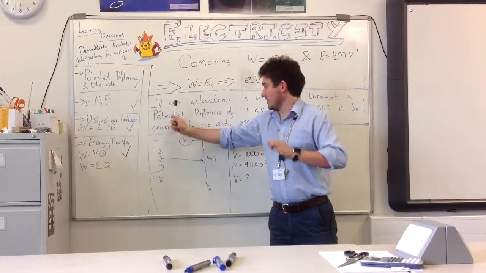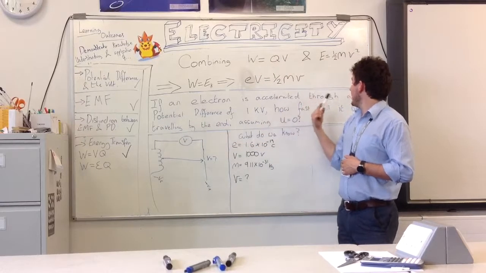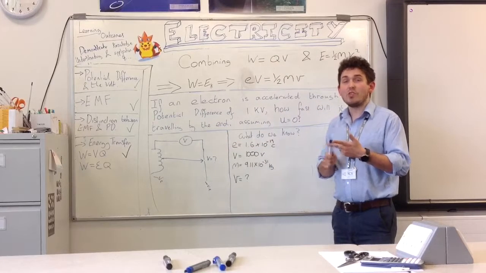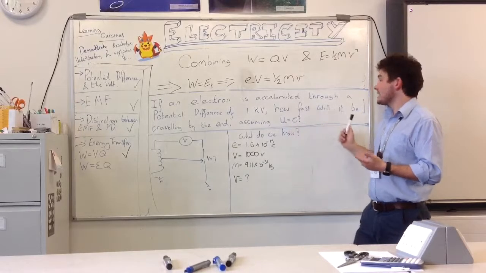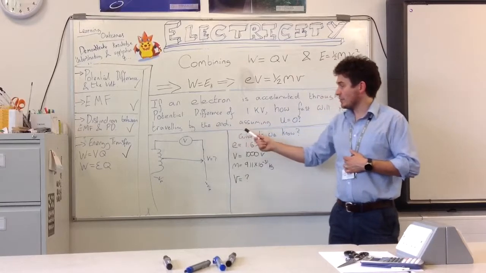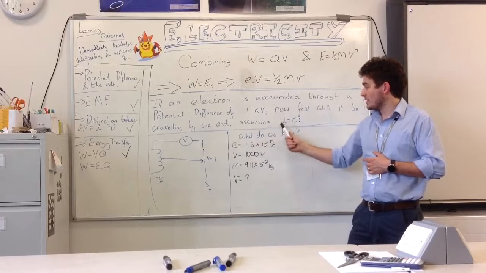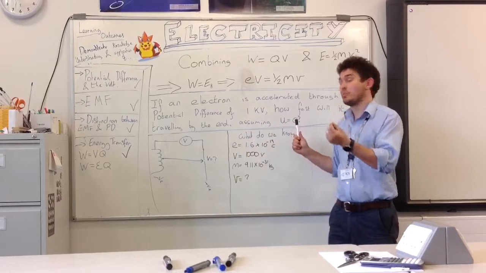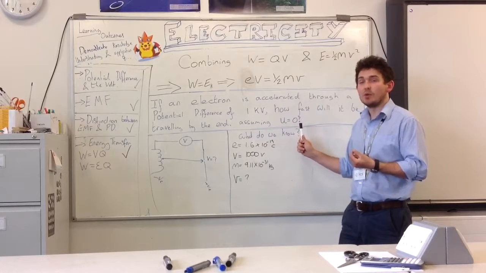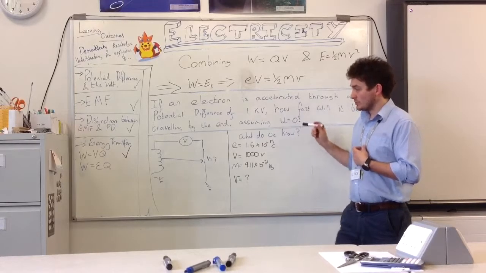So this is our question. If an electron is accelerated through a potential difference of 1000 volts, how fast will it be travelling by the end of this process, assuming that it started from rest, so the initial velocity was 0? This is what it looks like.